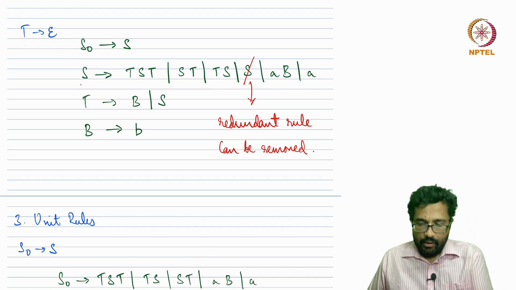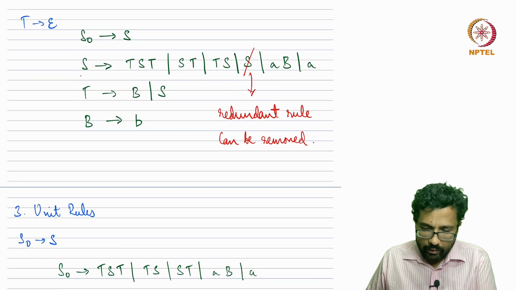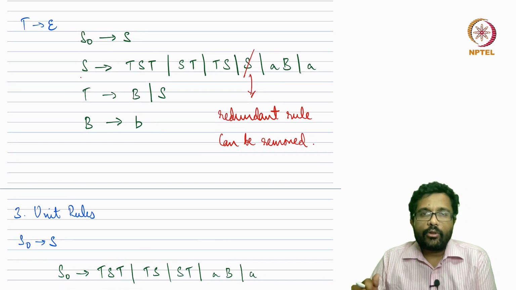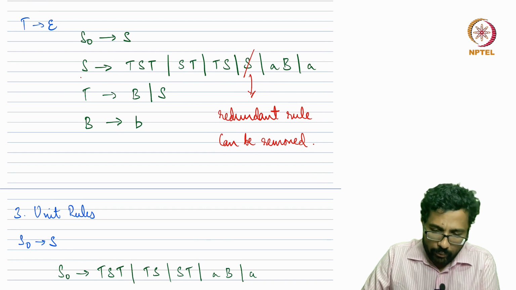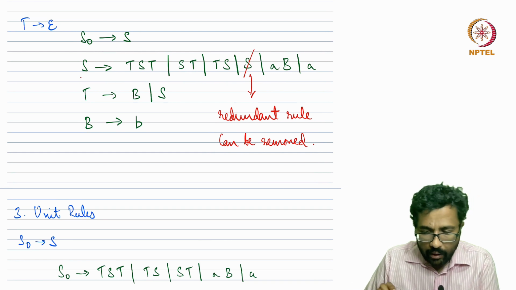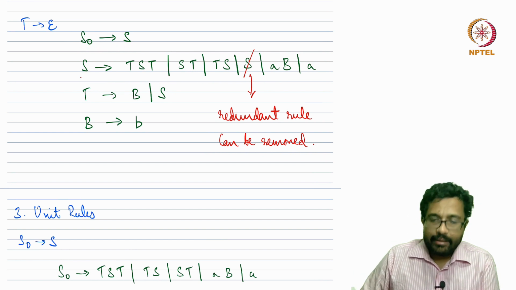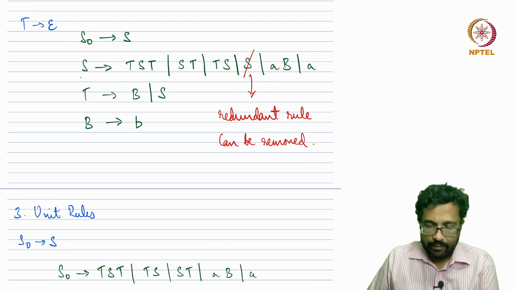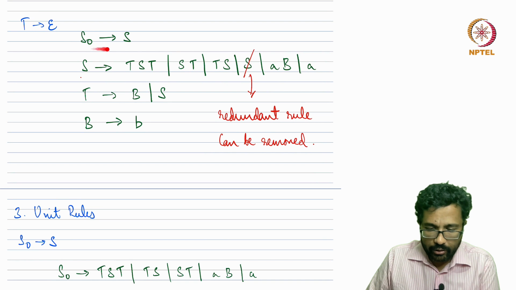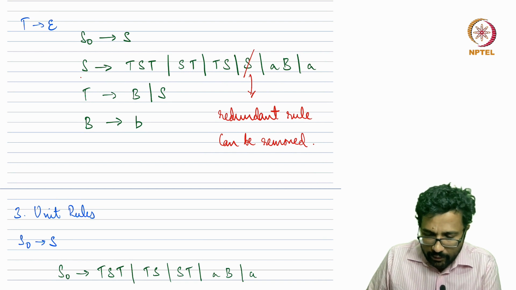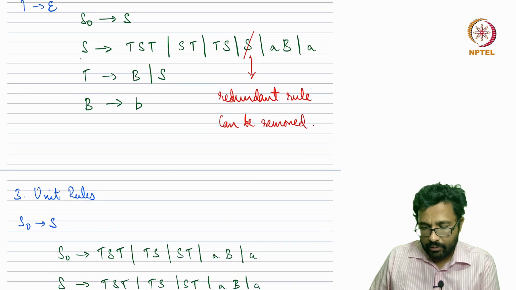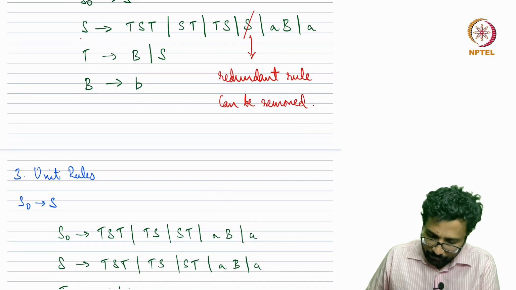Okay, now coming back to the removal of unit rules. S0 gives S is what we want to remove, right? So instead, whatever S can yield, we'll just add that to the productions of S0. So we'll remove S0 gives S, but S could give TST, ST, TS, A and AB and A, right? So now that's what we are doing here.